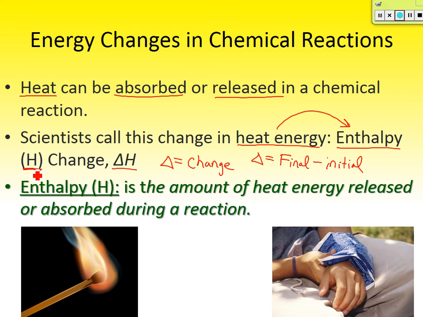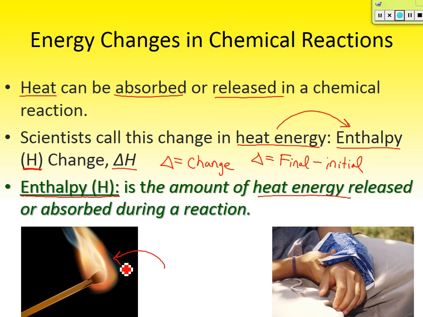Okay? So let me give you a definition of what enthalpy really is. Enthalpy is the amount of heat energy either released or absorbed in a chemical reaction. I've got a couple of pictures on the bottom of this slide, and I want you to answer this question.